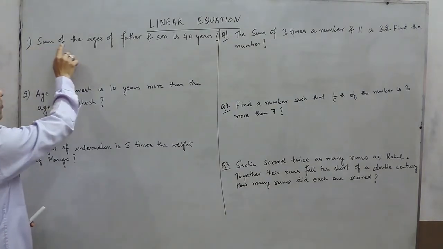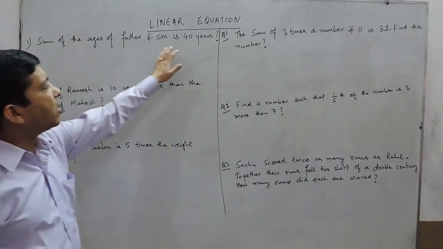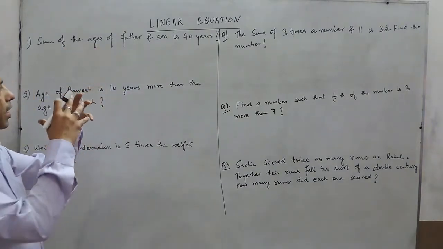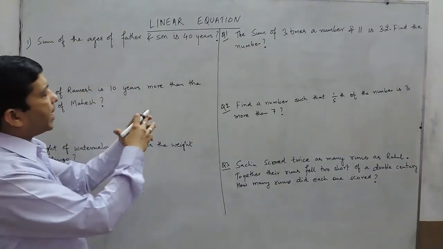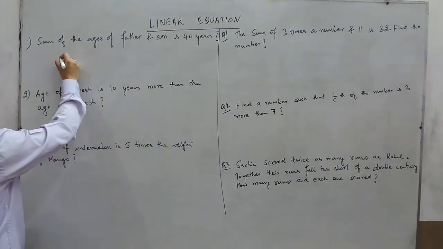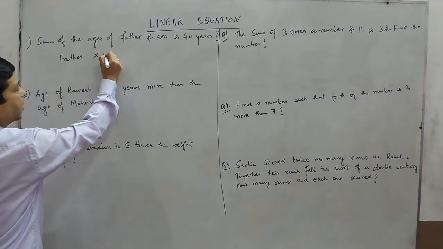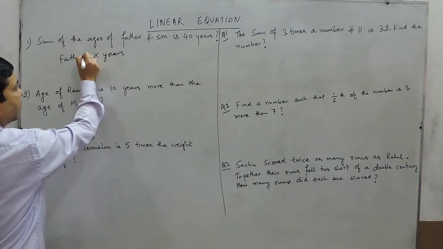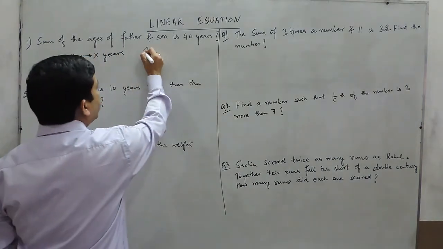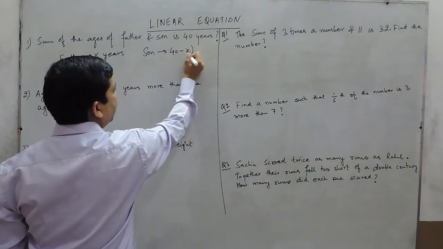The first is: sum of ages of father and son is 40 years. What exactly is the meaning of this statement? The age of father plus the age of son comes out to be 40. We can say if the age of father is x years, then the age of son is 40 minus x years.